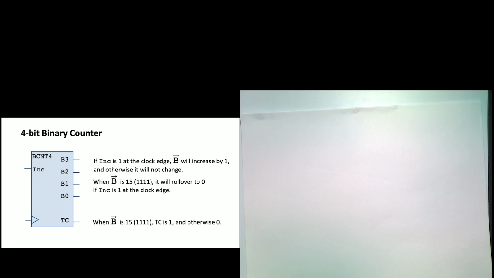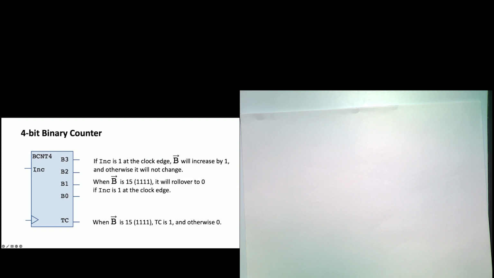Okay, all right, so let's talk about the 4-bit counter. You're building a 5-bit counter, and then a 15-bit counter, but I'm going to do this with 4 bits so it fits on my slide better. A standard 4-bit binary counter, plain old vanilla, would have just the clock as input and a control to increment, or we could call this count enable.